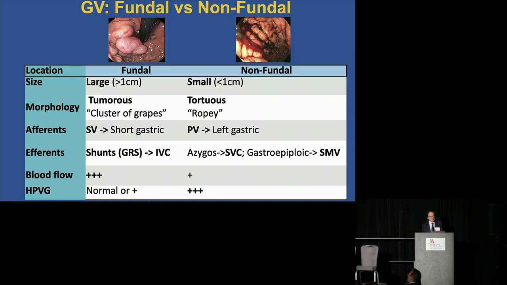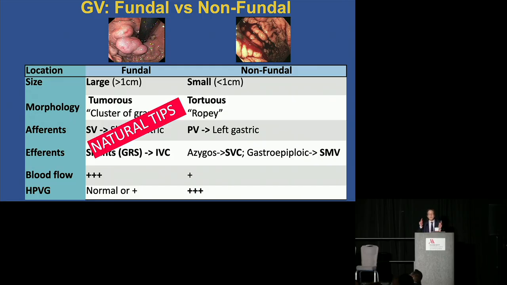So the HVPG in these non-fundal varices is very high, representing portal hypertension, whereas the fundal varices, the HVPG is normal, maybe at most a little elevated, because now the body has created a compensatory shunt.